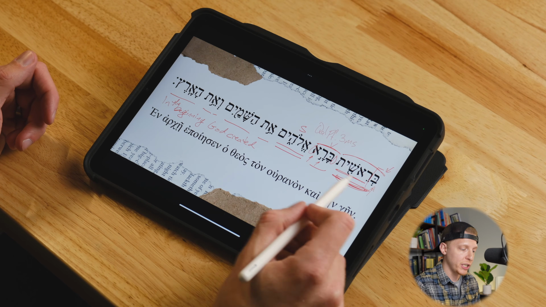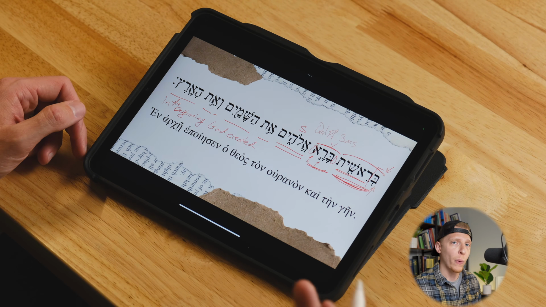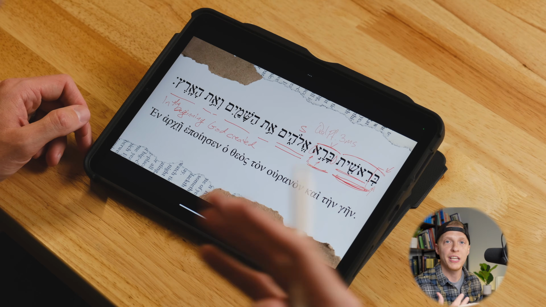Now, depending on how you understand the construction of this verse with the verses after it, along with the combination of how this word, bereshit, works in combination with our verb, bara, there's a couple ways that you could take and understand how this phrase is functioning.